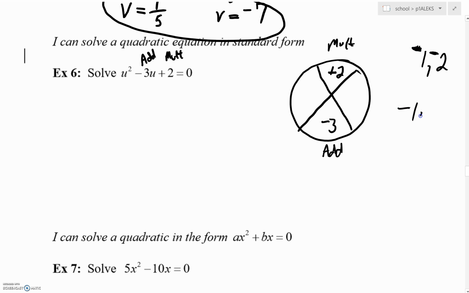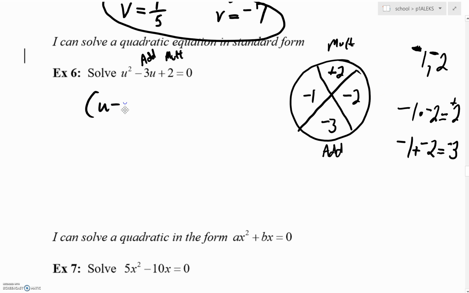In other words, negative 1 times negative 2 would still multiply to a positive 2. A negative times a negative is a positive. But here's the important part. Now I can add negative 1 plus negative 2 and get negative 3. So the correct numbers in this puzzle would be a negative 1 and a negative 2.